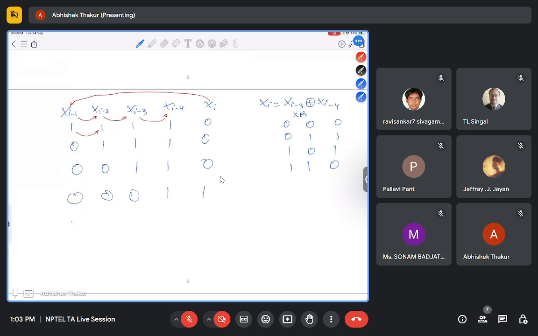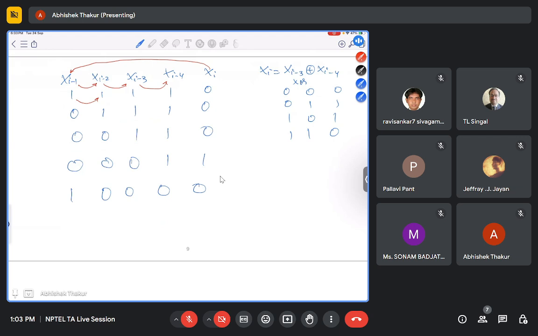This time 1 0 0 0, and the XOR of 0 0 is 0. Like this it will go up to 15 states. So it will go through a total of 15 states, that is 2 to the power of 4 minus 1.